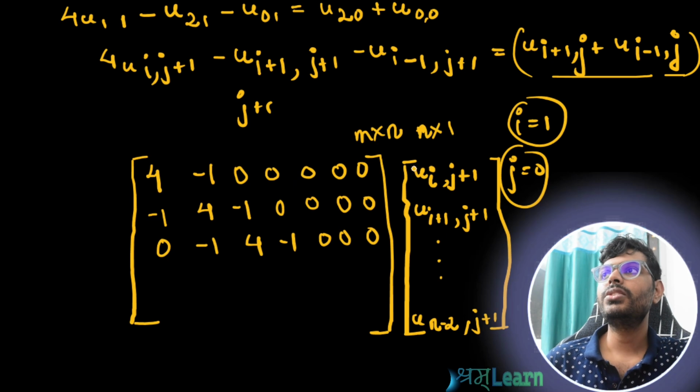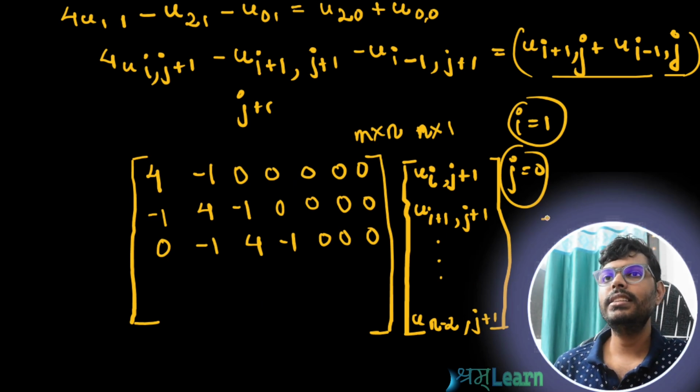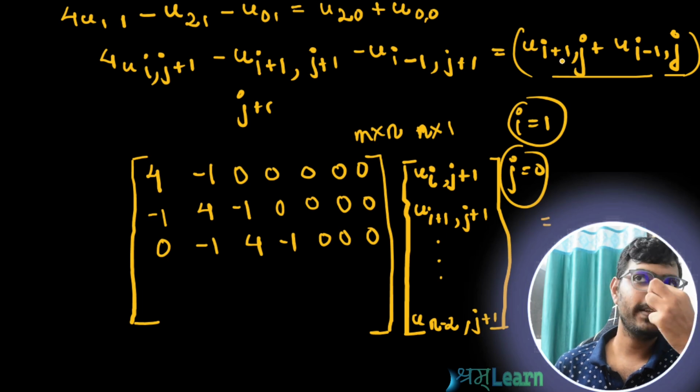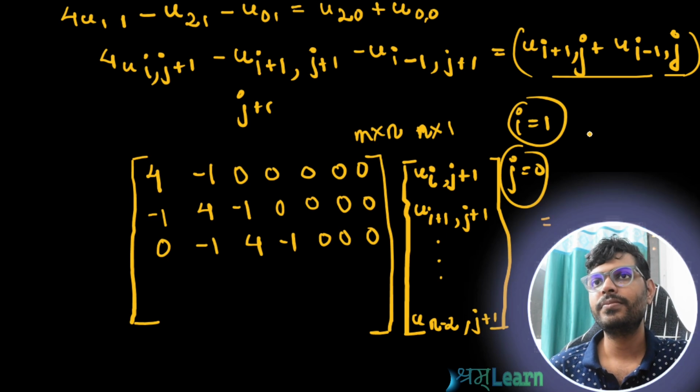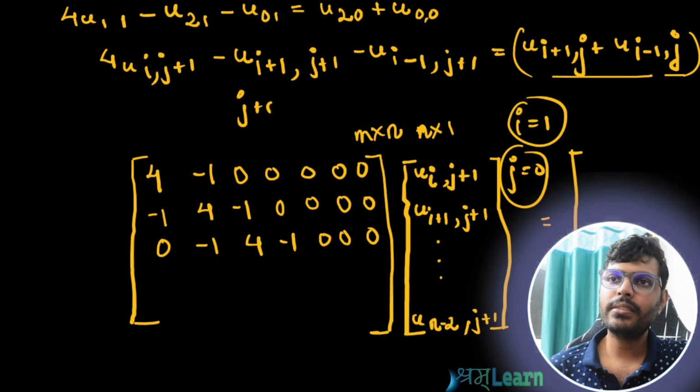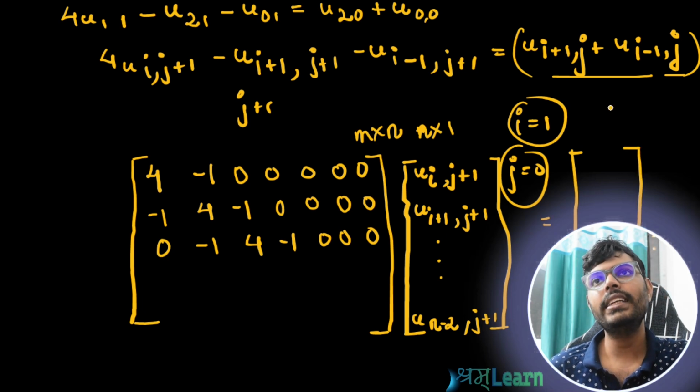Okay, so the result of this is nothing but this. We have to compute the left hand side also, right? Whatever comes at the left hand side, whatever comes at the right hand side is nothing but these known values.